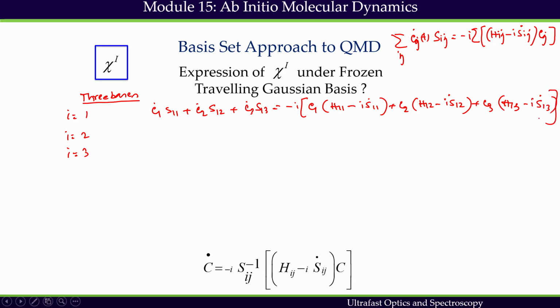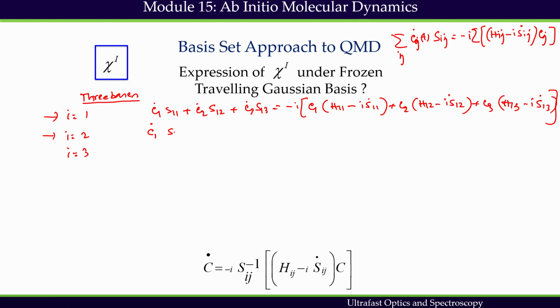This is the expression we get for the first one, I equals 1, then I equals 2. The procedure is exactly the same procedure. We are following the same procedure which we have followed previously.